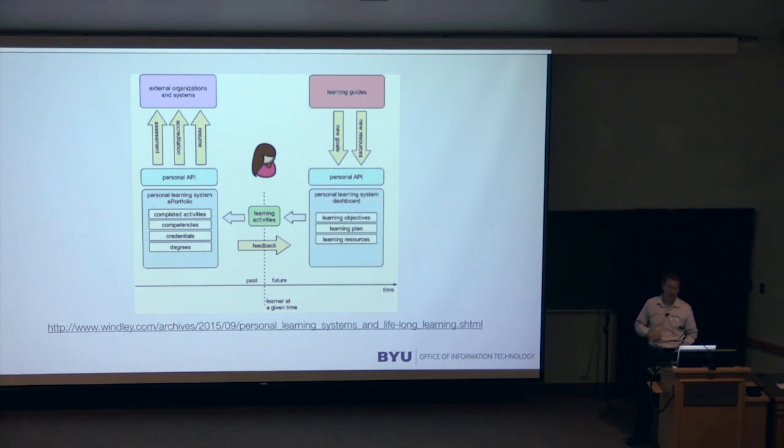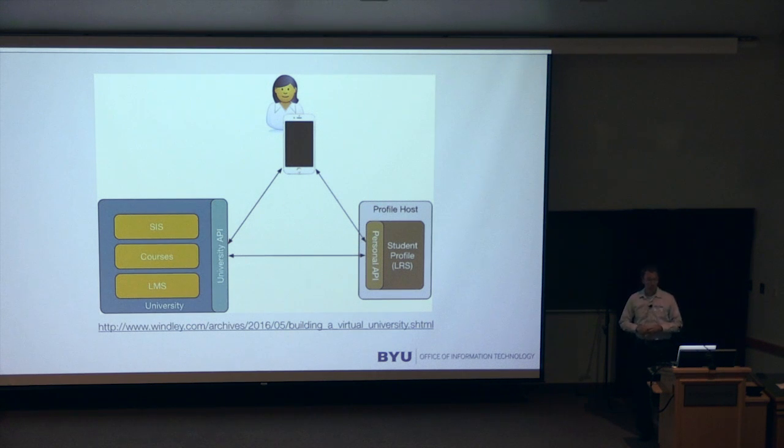Other external organizations and systems can retrieve them, like a resume or accreditation, assessing what you can do or what your capabilities are, or other information about you through your personal API. And that's what we're calling a personal learning system.